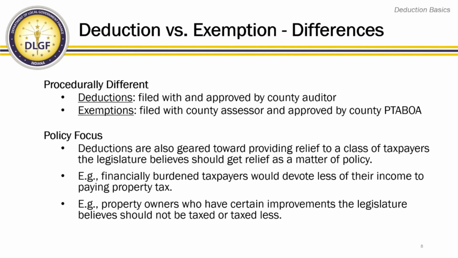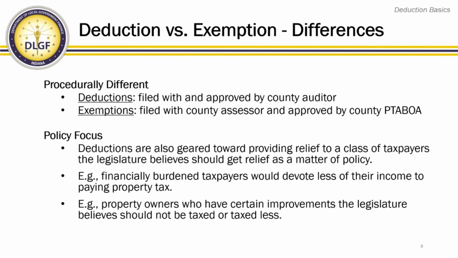So for both deductions and exemptions, but looking at deductions, the idea and the policy behind the concept of the deduction is geared to provide some kind of relief to a certain class of taxpayers or a certain type of property owner that, as a policy, the General Assembly has determined should have a lesser or reduced burden of what the valuation will be used to calculate their tax bill.